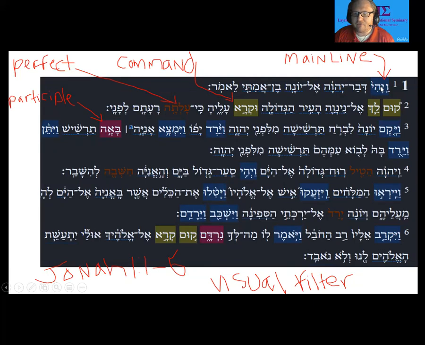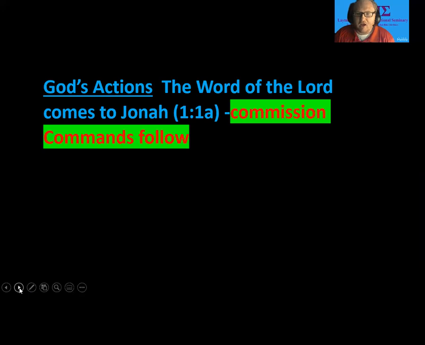The main lines are blue, the commands are green, the perfects are red, and the participles are the color right there. The infinitives are not showing up here; I must not have the filter on for those. But the vayiqtol clauses carry on the main line of the story, and I made an outline based off of that. I think I put it in the slide. I'd be foolish if I didn't. We'll see. Yeah, I did.